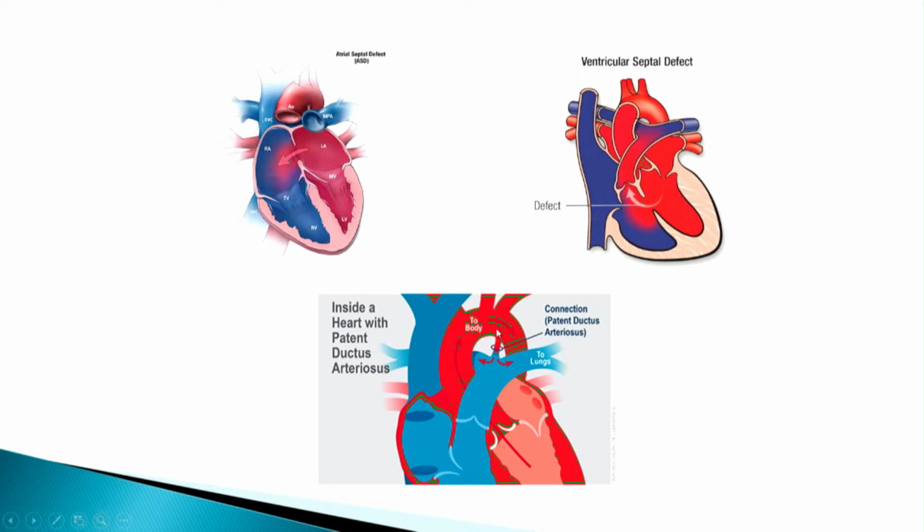Patent ductus arteriosus, actually this duct could be seen during embryonic development, but it should disappear 2 to 3 weeks after delivery. But in certain people, the duct is still present. It connects the arch of aorta and the pulmonary artery, and this will lead to shunting of blood from left to right.